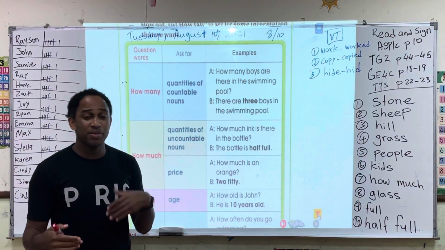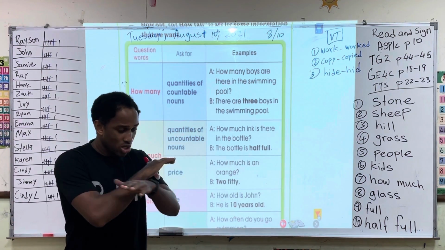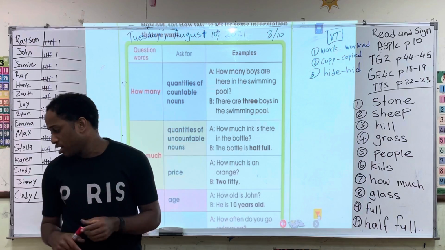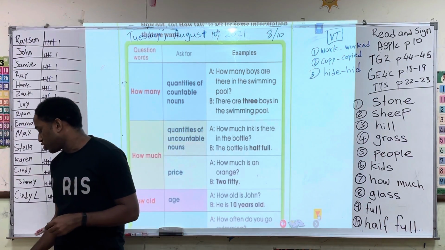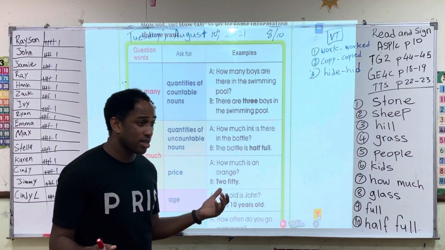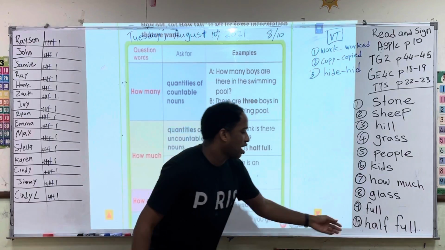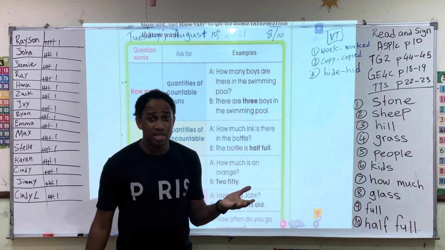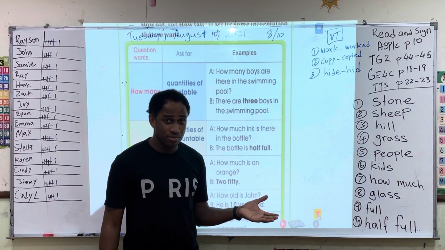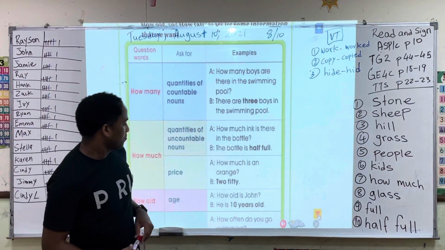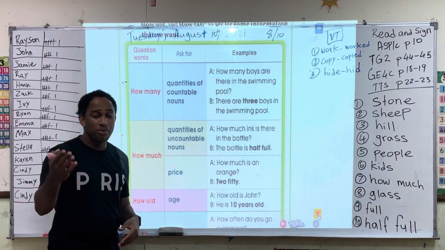Okay, the cup is empty. That means there is no coffee. Or how much juice is there in the glass? The glass is half full. Or you can say the glass is full. Okay, good.